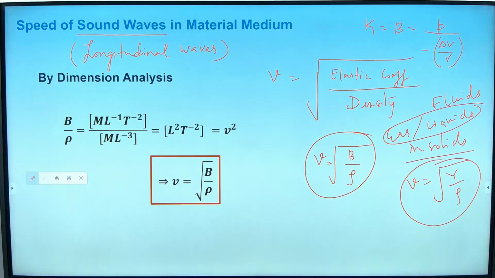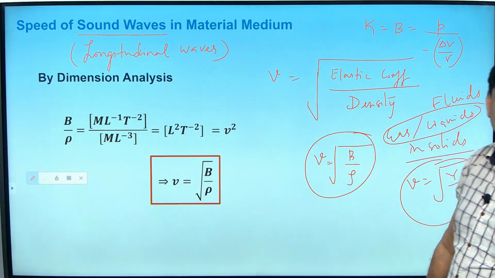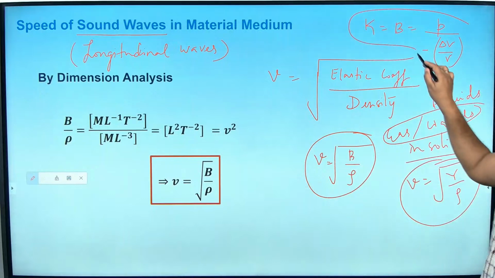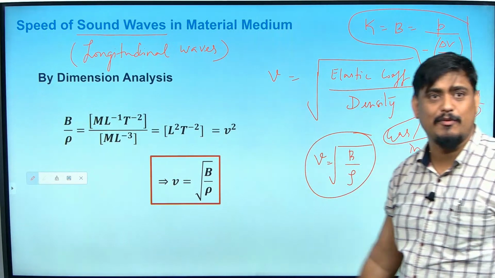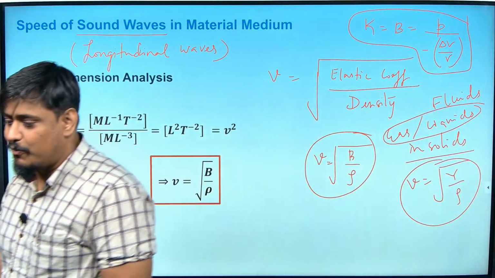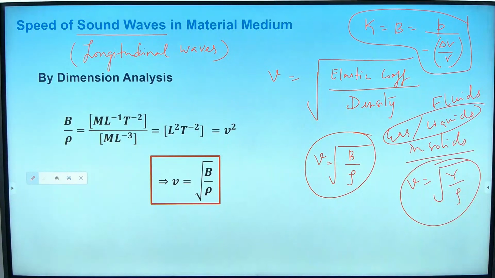The negative sign indicates that volume is decreasing. Do you remember this or did you forget? I hope you remember something from the mechanical properties of solids chapter, isn't it? Bulk modulus is pressure divided by change in volume by original volume, called volumetric strain. The negative sign indicates that volume is reducing.